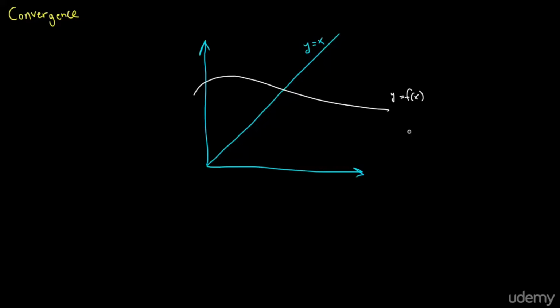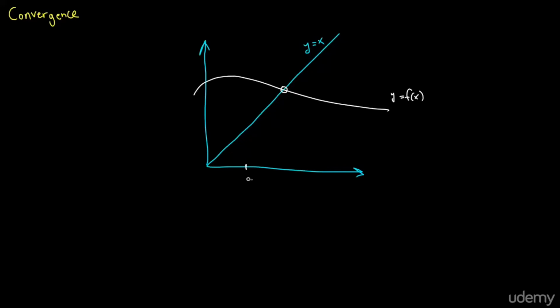What we're interested in is finding the intersection point, the point where the x value and the y value are identical. In order to do this, we start with an initial guess. What about, for example, this value?